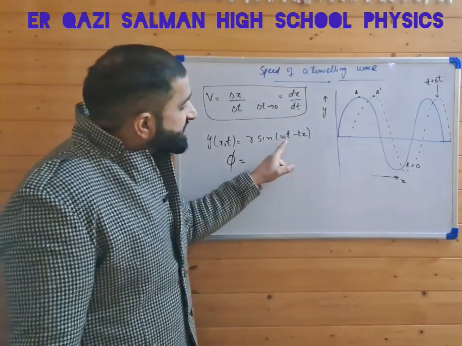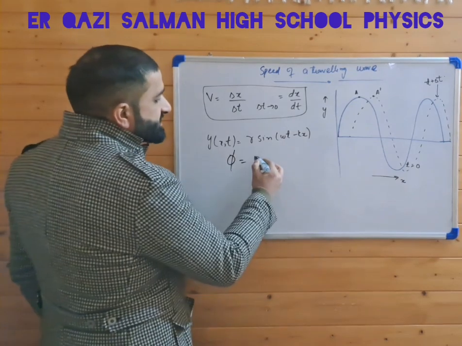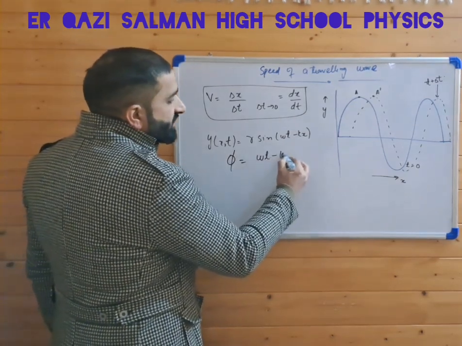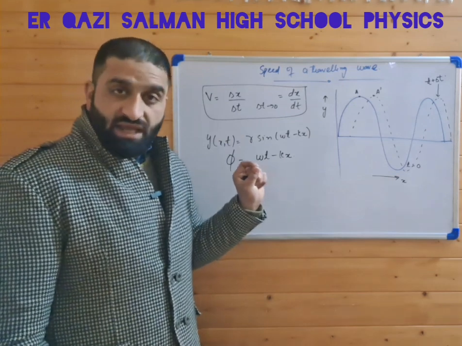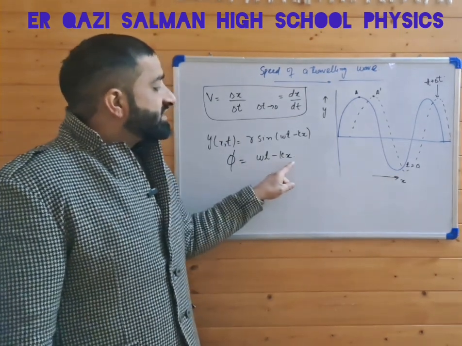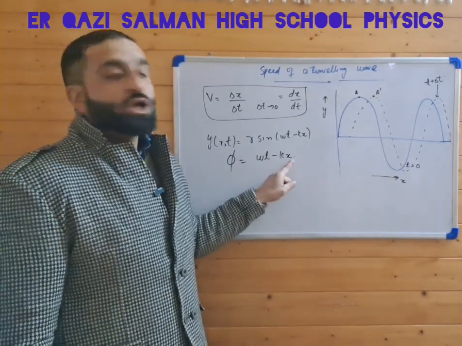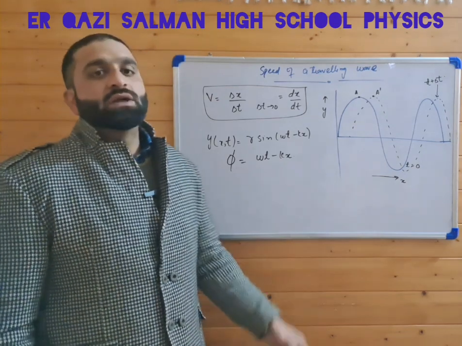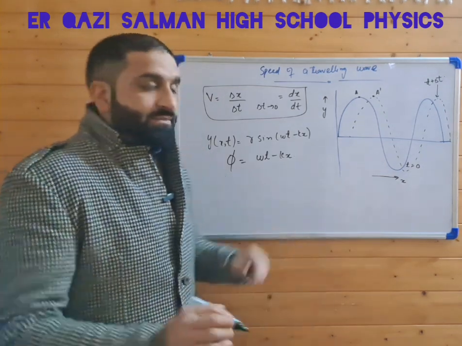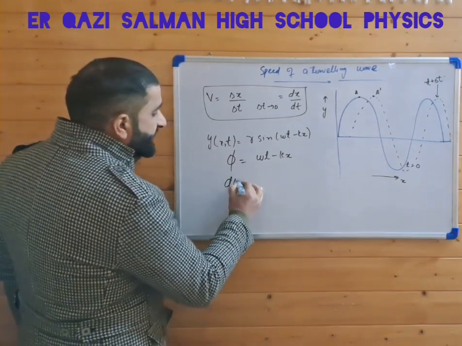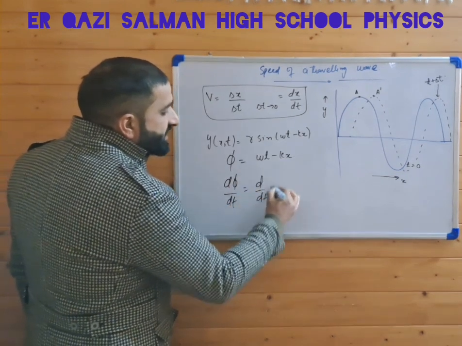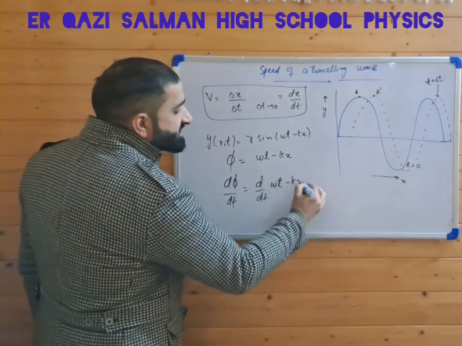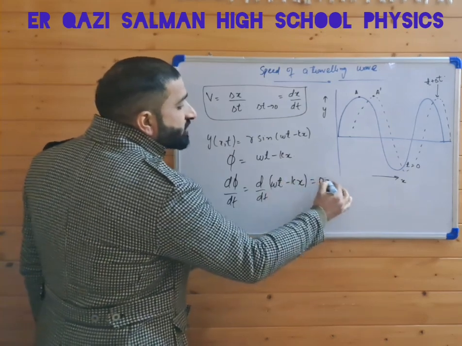Now phi is equal to omega t minus kx. This is only possible if, when t increases, x should also increase to keep phi constant. That means d phi by dt, which is d by dt of (omega t minus kx), should be equal to 0.